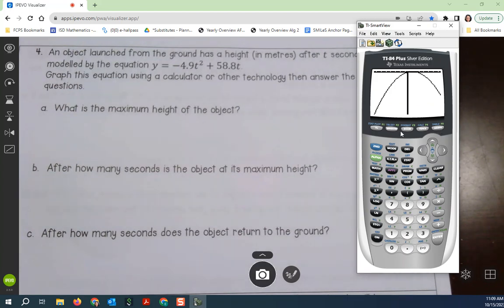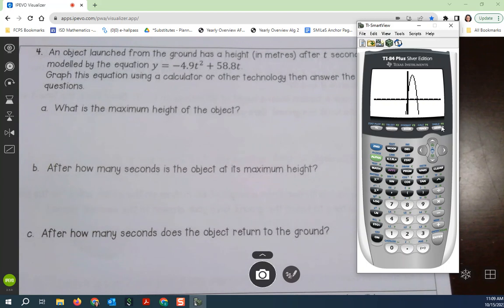Still not seeing all the way to the top. Try again. From the window, the Y min is so big. Why is my Y min so big? I don't feel like it needs to be. Y min, I'm going to try negative 100. And then let's try that graph again. Oh, beautiful. Okay.